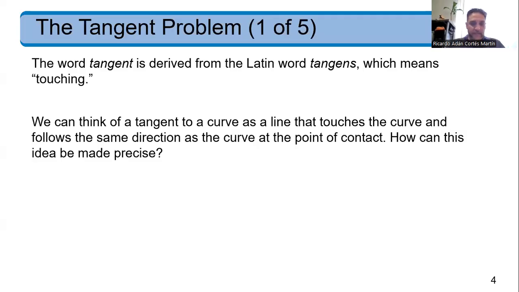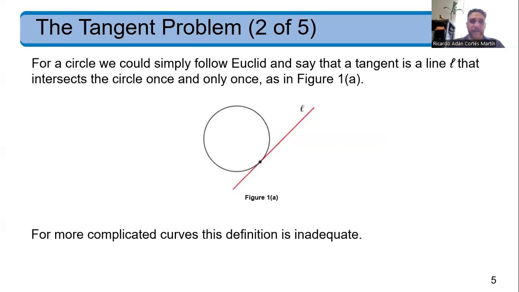But how can we talk about this in a more precise manner? For a circle, it's very straightforward. We have a circle like this, and if you draw a tangent, it's a line that just touches the circle, but it doesn't cross from one side to the other.